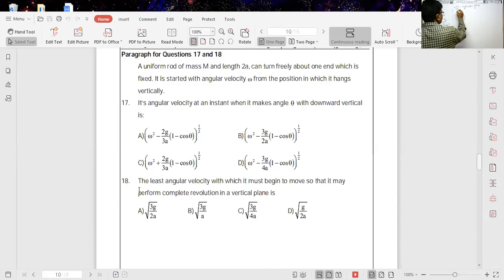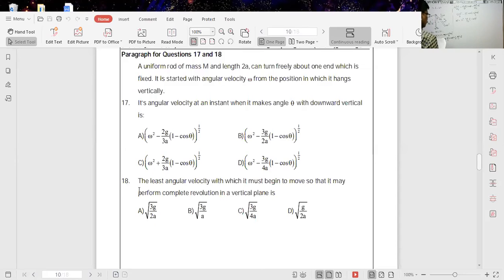Now writing L as 2a, we get 2a into omega square by 3 minus g into 1 minus cos theta is equal to 2a by 3 into omega f square. We need omega f, that's why you divide with 2a by 3. Therefore omega f square is equal to omega square minus g by 2a by 3, that is, into 3 of 1 minus cos theta.